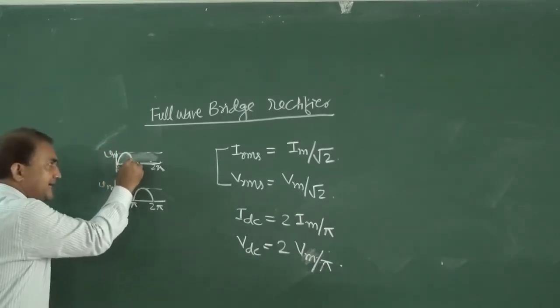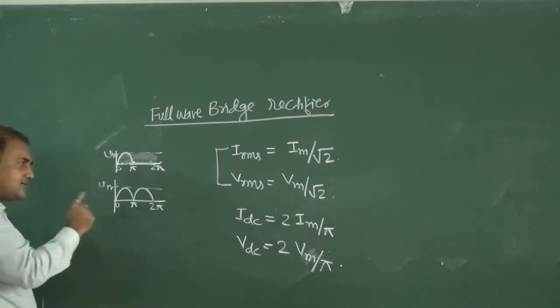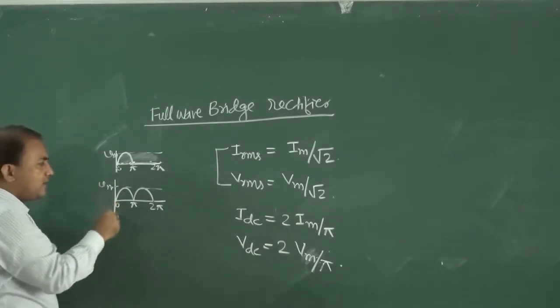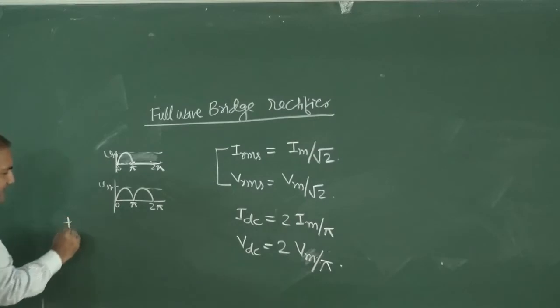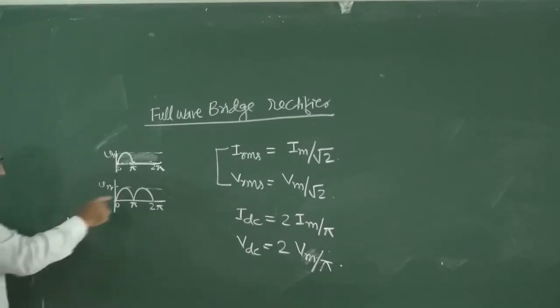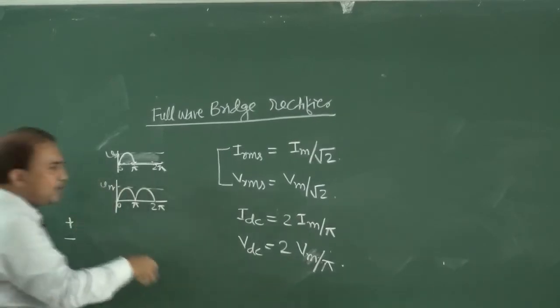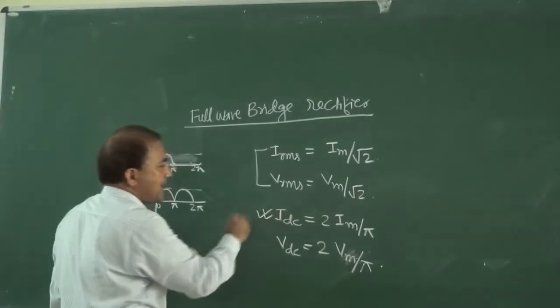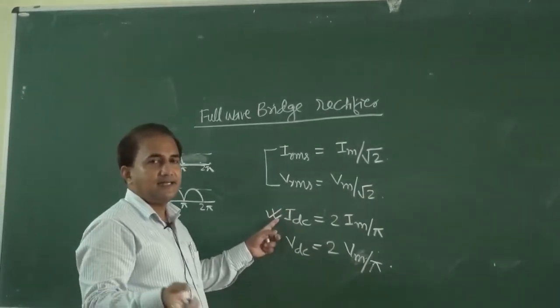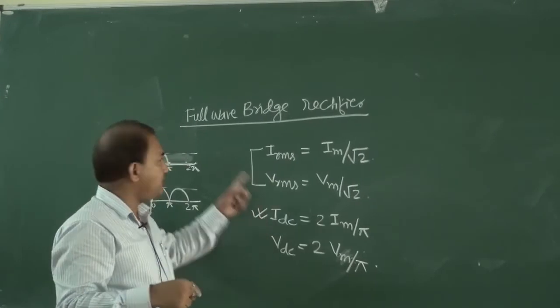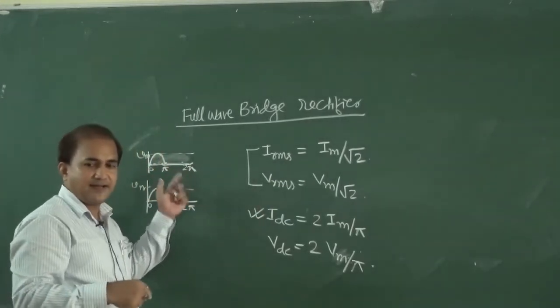But in case of the full wave rectifier, for both positive as well as negative half cycle, we are getting the output. So IDC is 2 times that of the half wave rectifier.